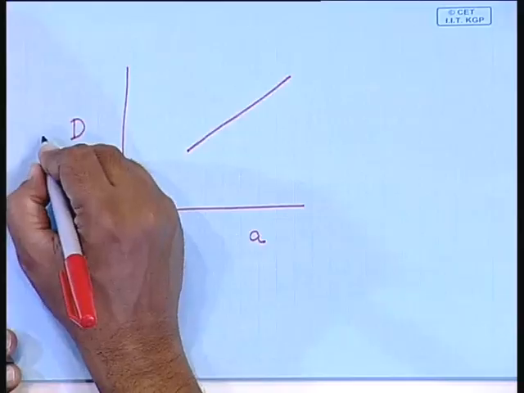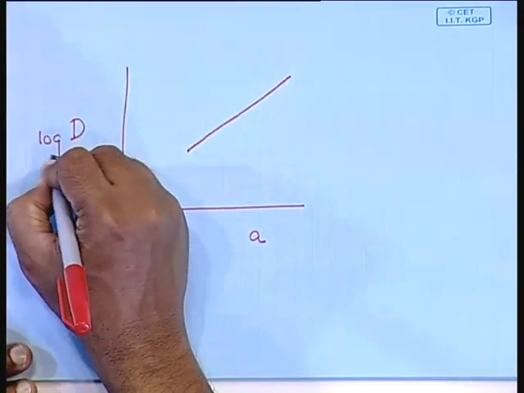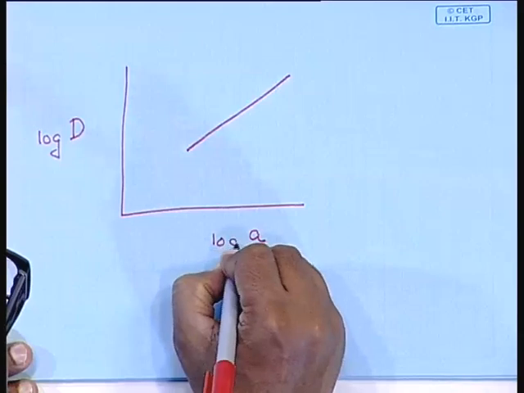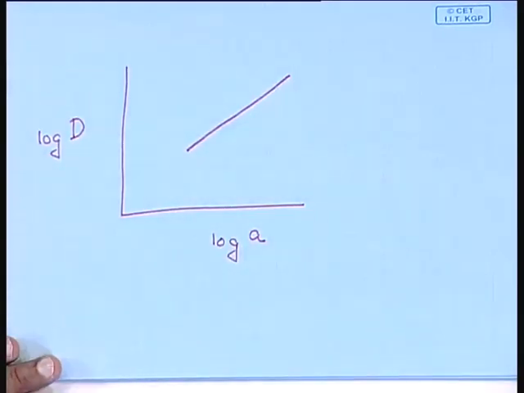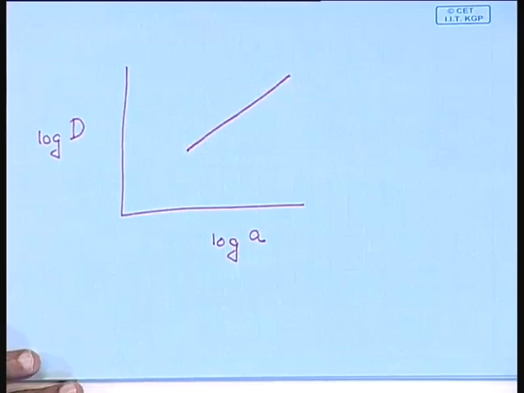If I plot log D versus log A, then it is a straight line with slope 1, and this is valid in the regime when the universe is matter dominated, and that is totally decided by the background cosmological model.